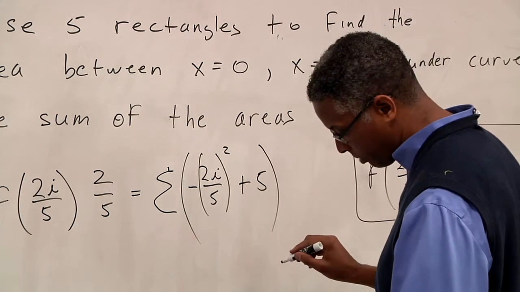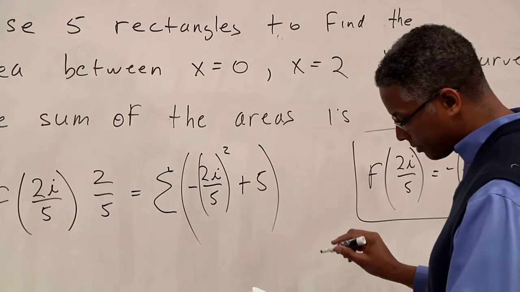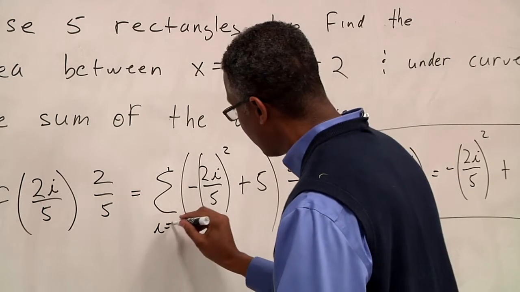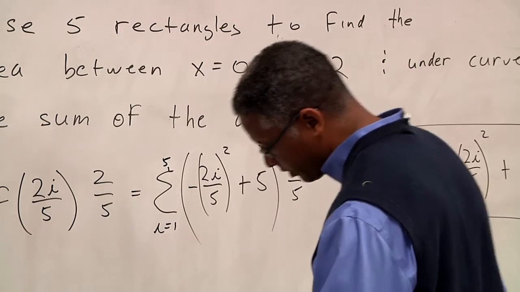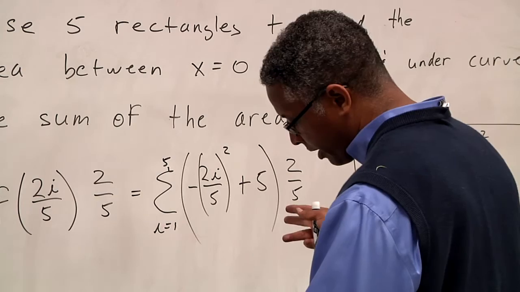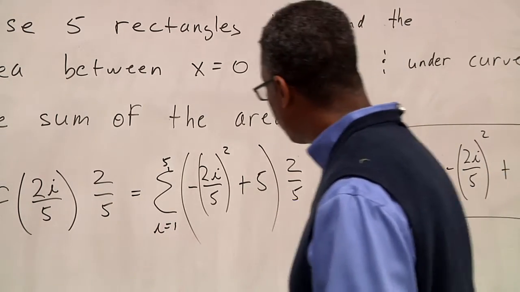And then I'm going to multiply that by 2 over 5. And again, we're still going from i equals 1 to 5. If I multiply this out, let's go ahead and do that.